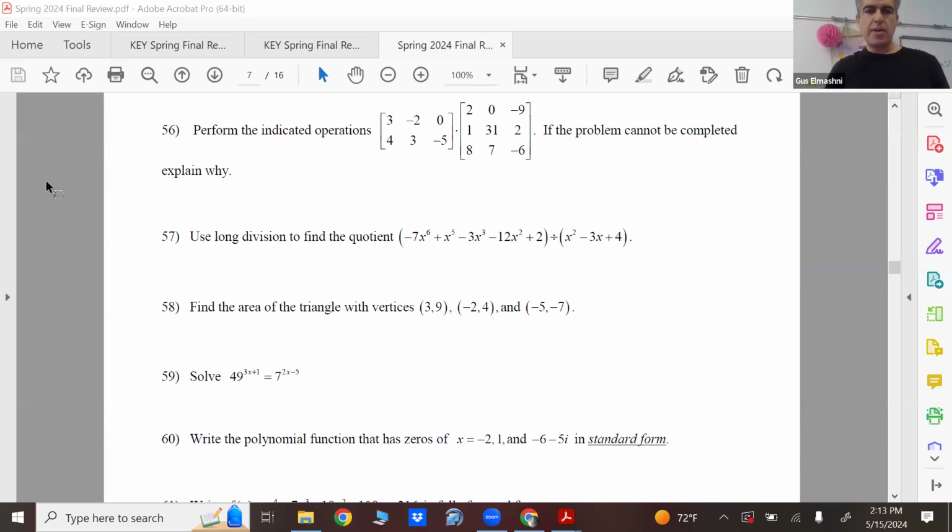So this is a 2x3 with a 3x3. So it can be done because those line up. Let's get a highlighter here. Okay, so what does that mean? Why did I highlight it like that? What does that indicate for us?